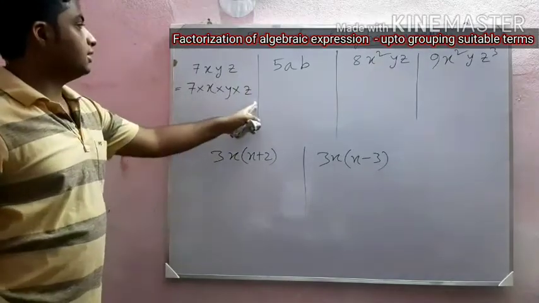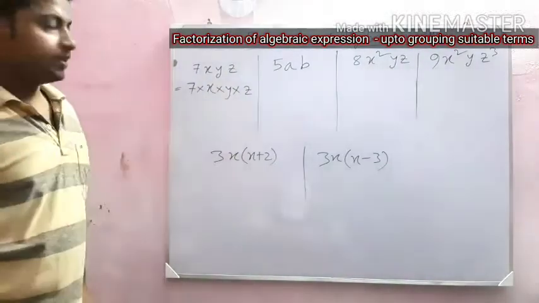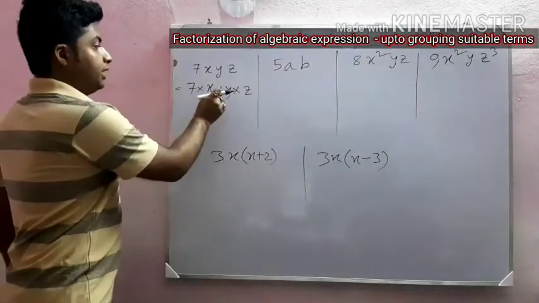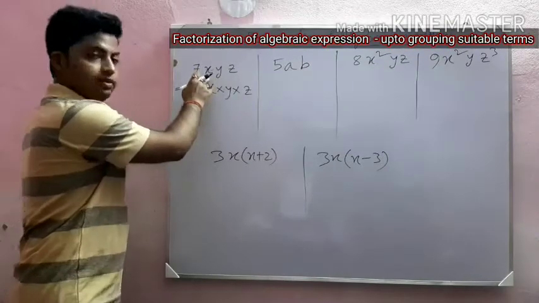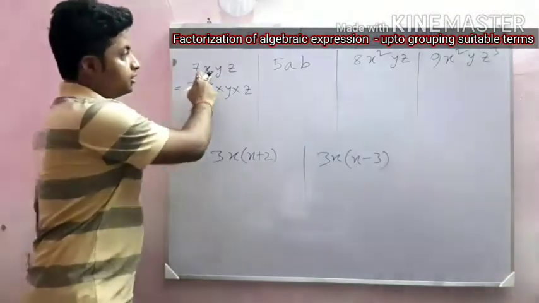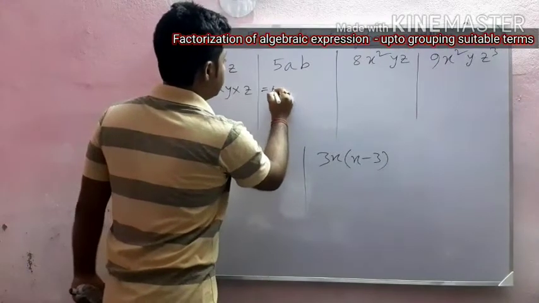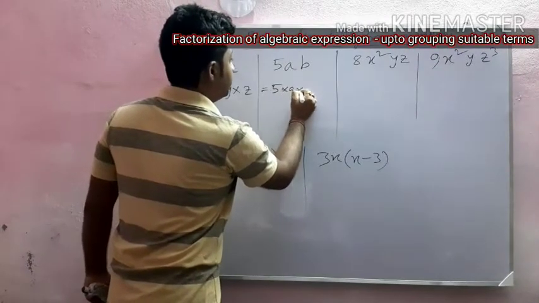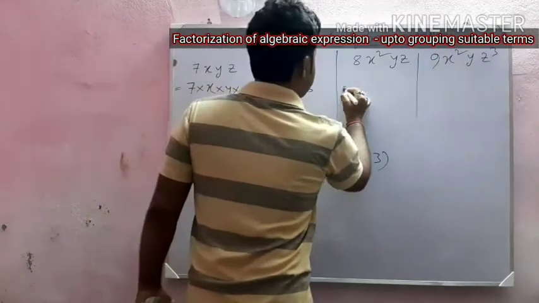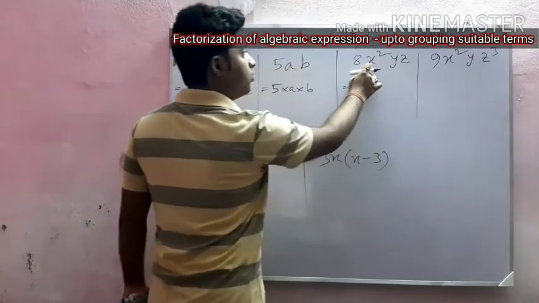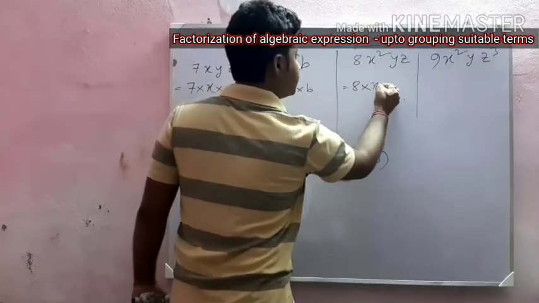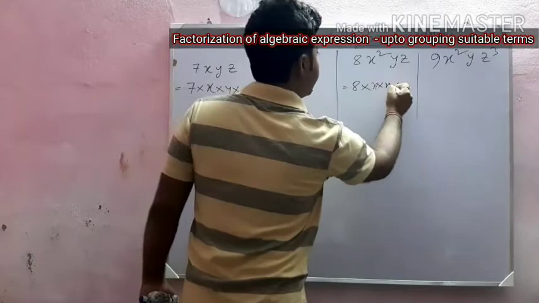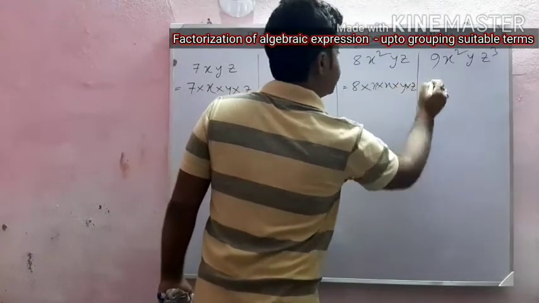These are the factors of 7xyz, and if we multiply them, we get back this algebraic expression again, right? Similarly, here 5 into a into b. Here 8 into x square means x into x, then y, and then z.